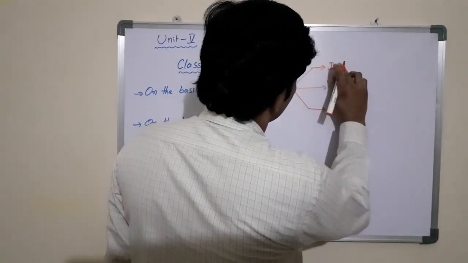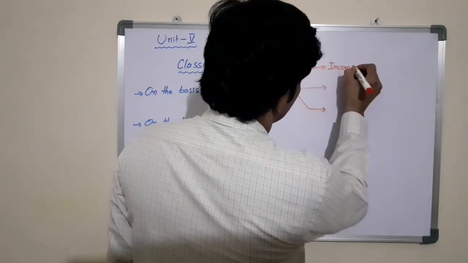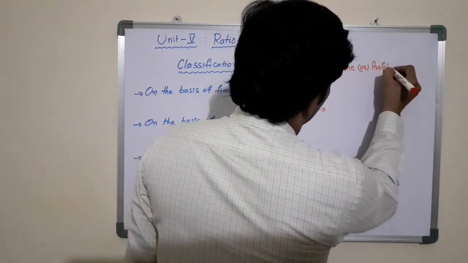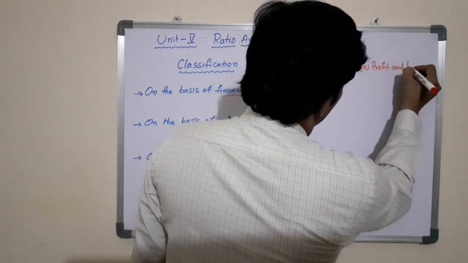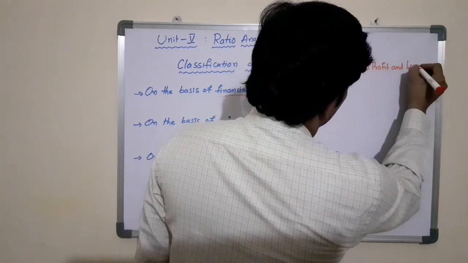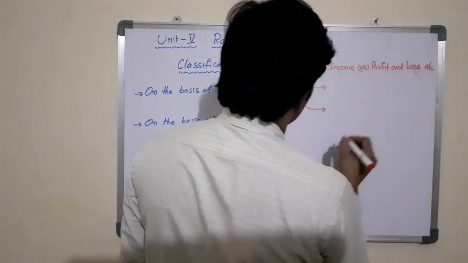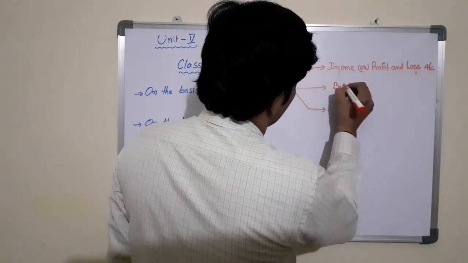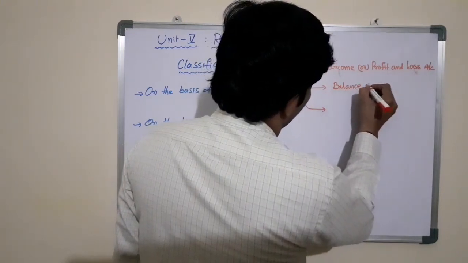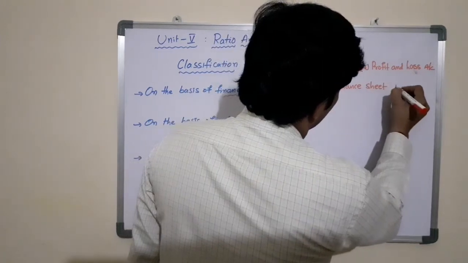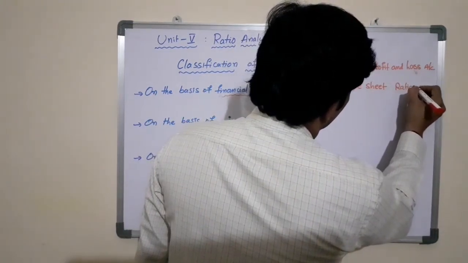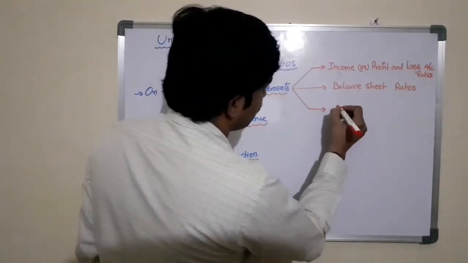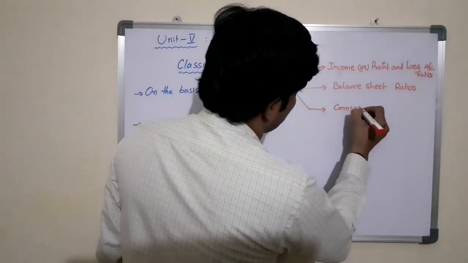Income or profit and loss account statement ratios, balance sheet ratios, and the third one is composite ratios.